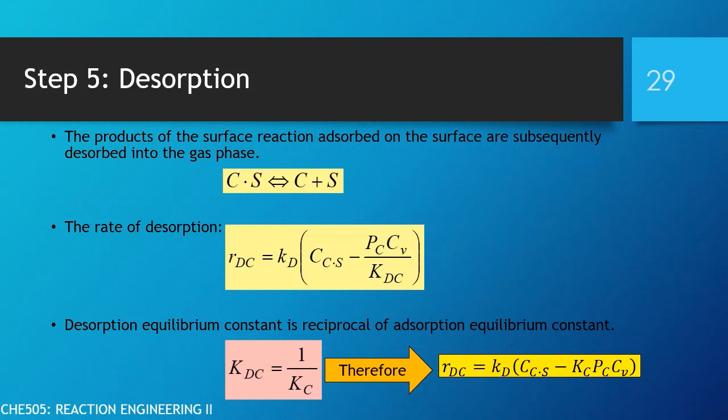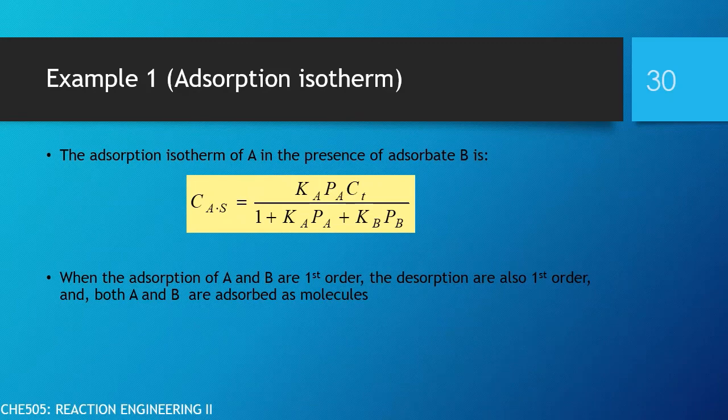If you want to leave it as the second equation on this page, it's up to you. Then this is one example of an adsorption isotherm. How to derive this adsorption isotherm, I will show in the example video. Okay, I think that's enough for this session.